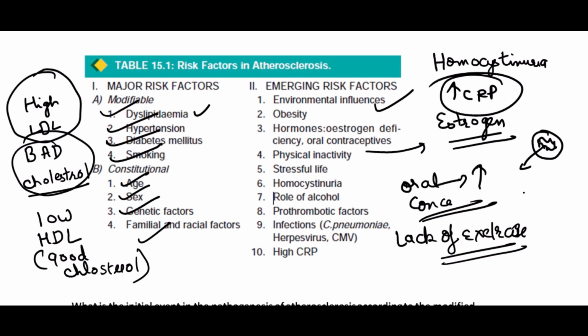HDL is known as good cholesterol. It helps to remove the LDL cholesterol from the bloodstream. So higher level of HDL is associated with the lower risk of heart disease. Very low density lipoprotein, remember, that is VLDL, is associated with increased cardiovascular risk when compared with high triglyceride level.